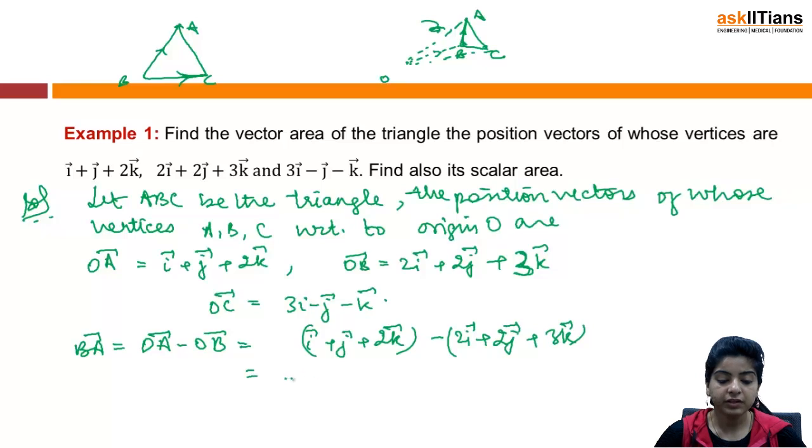So this becomes minus i minus j minus k, or I can write it down as minus of i plus j plus k.